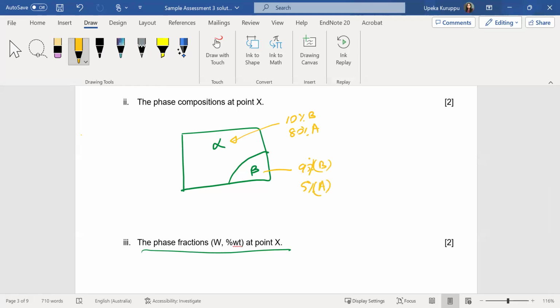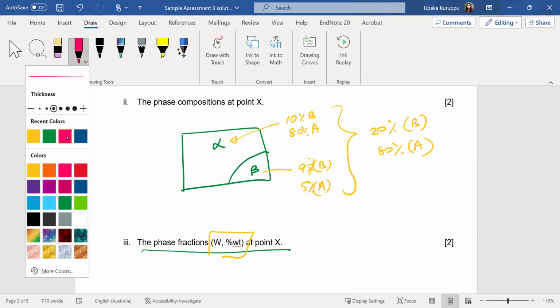But when you add these two together, the average composition is 20% of B and 80% of A. That's what we have found so far. Is that right? Yeah.